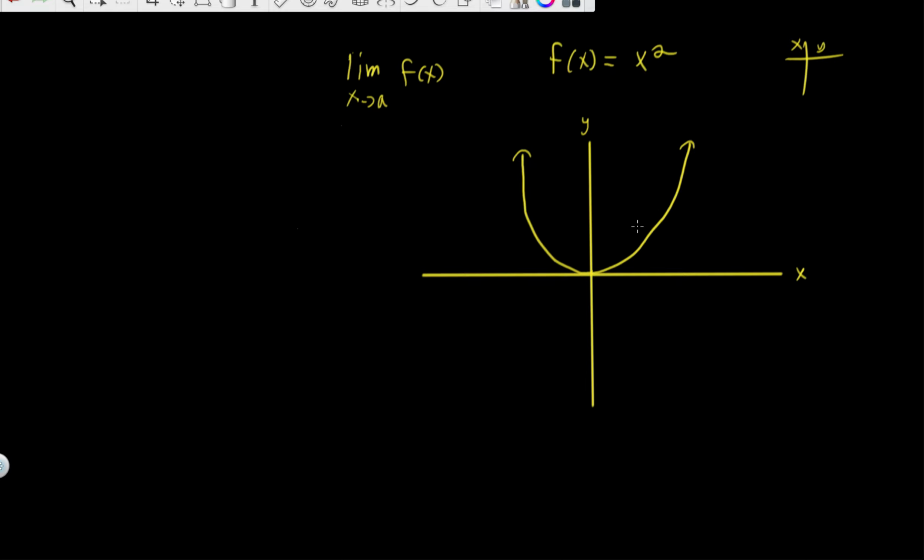What we can do to this function is evaluate it at certain points. What is the value of this function at 3? Well, at x equals 3, we want to know what y is, or f of x, same thing. So f of 3 is 3 squared, which is 9. So this point right here should be (3, 9). Let's evaluate at some more points. Let's evaluate this function at x equals 8.